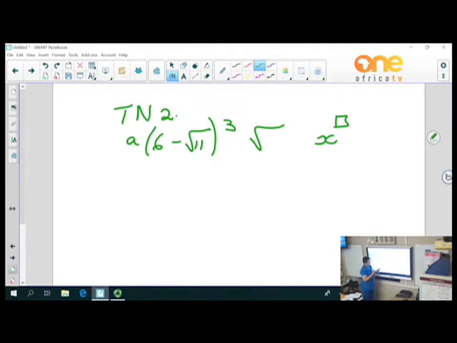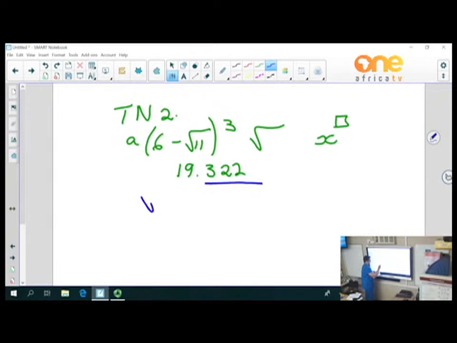Make sure that you close your bracket. 6 minus the square root of 11, close, and then to the power of 3. And the answer is 19.322. They say also it must be to 3 decimal places. Now there's your decimal places, 1, 2, 3. So make sure that you give it to 3 decimal places.